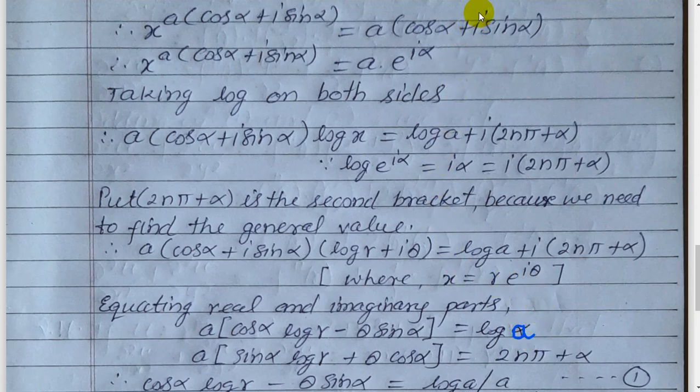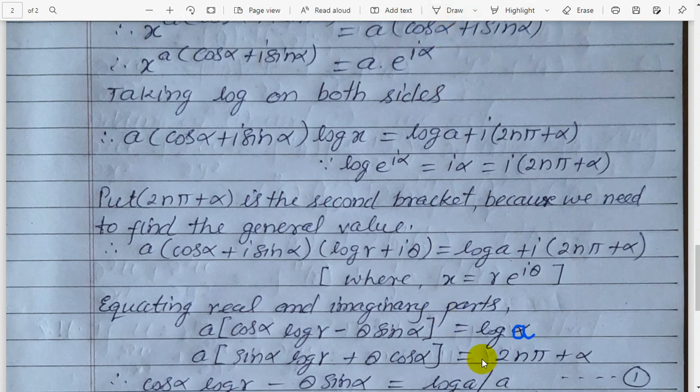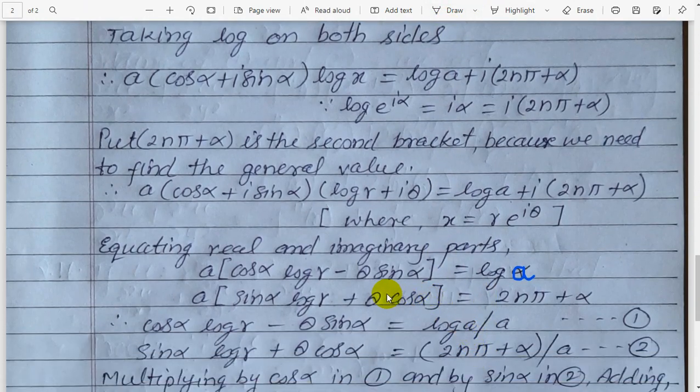Clear? It is log of a. And the imaginary part means the coefficient of i after opening the bracket. Here the coefficient of i is 2n pi plus alpha. So we write here a into (sin alpha log r plus theta cos alpha) equals 2n pi plus alpha.